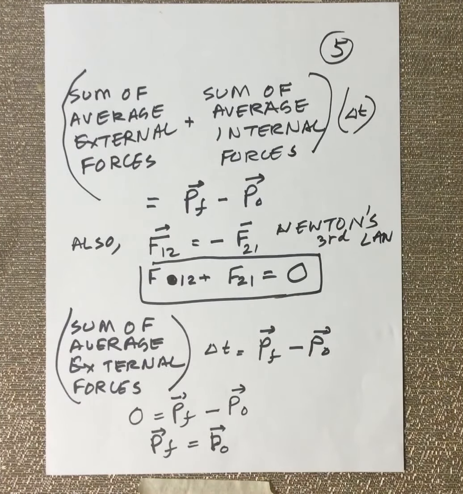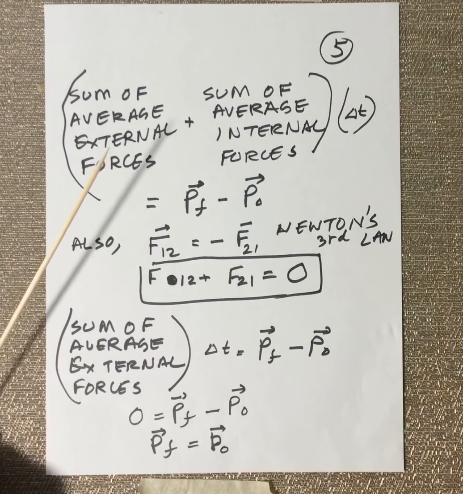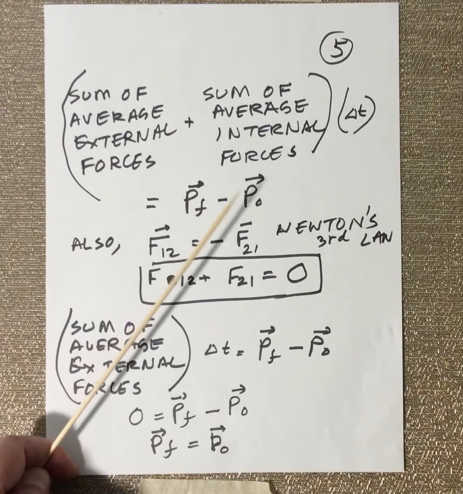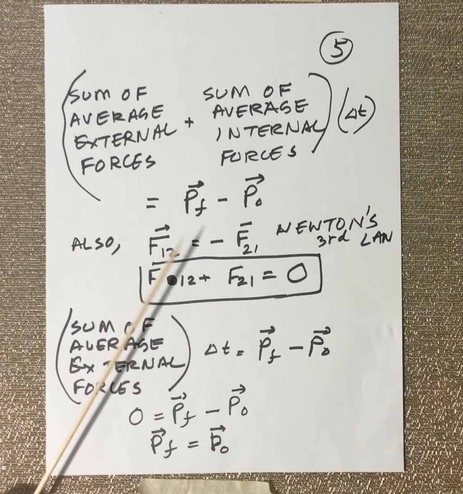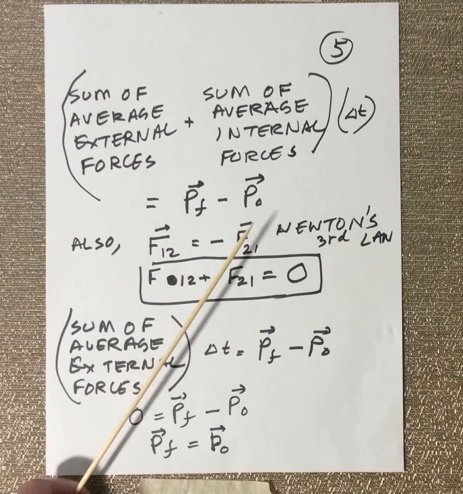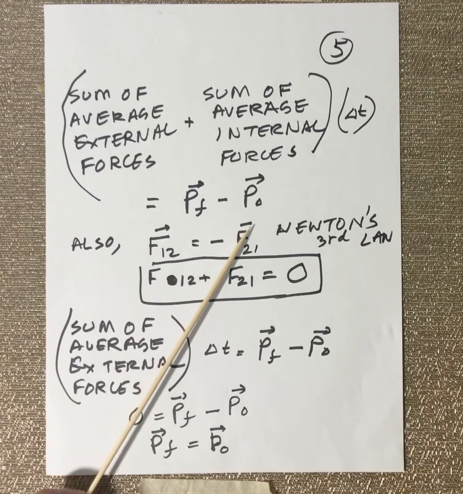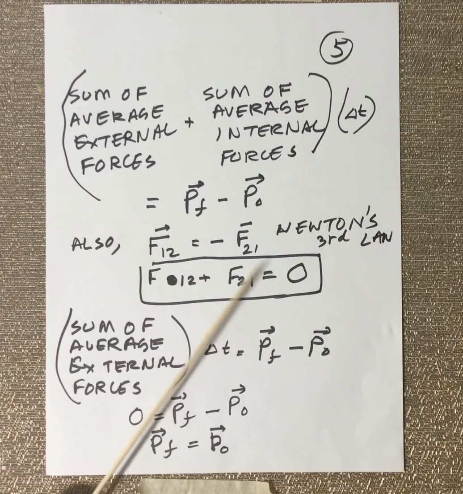Now look at my page 5. The sum of all the external forces plus the sum of all internal forces times delta T will be the difference in momentum, which is P final, take away P initial. Now from Newton's law of motion, F12 equals negative F21.